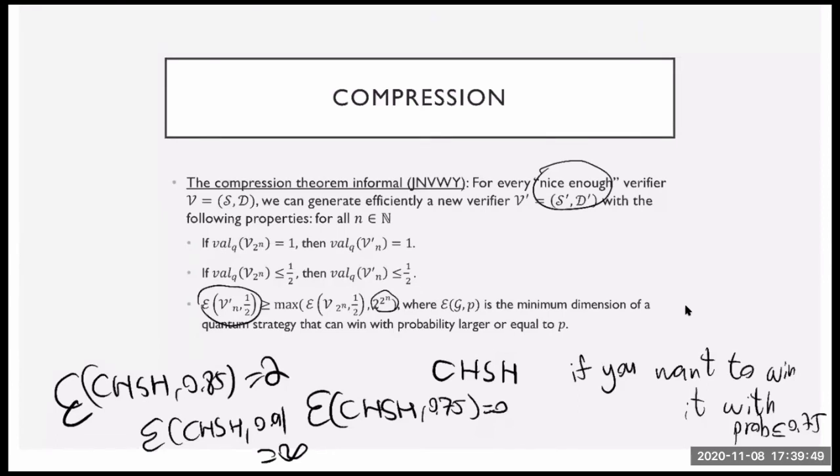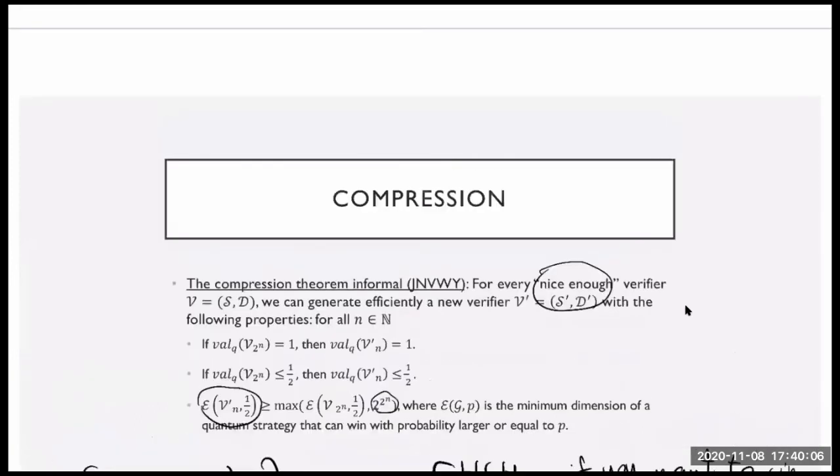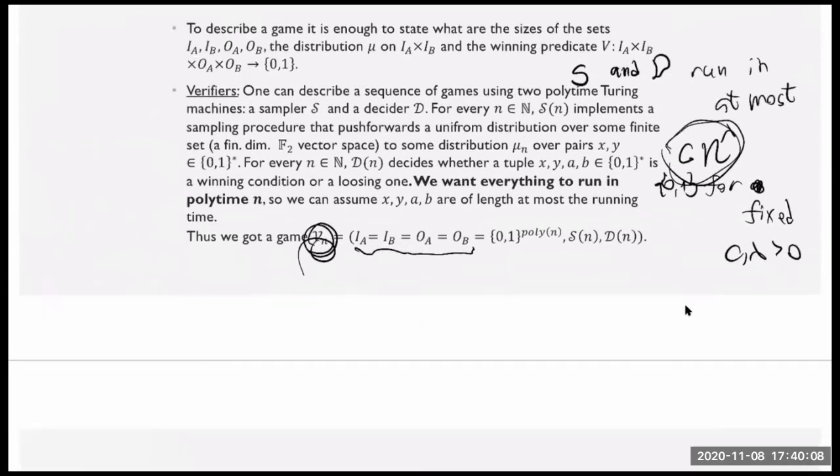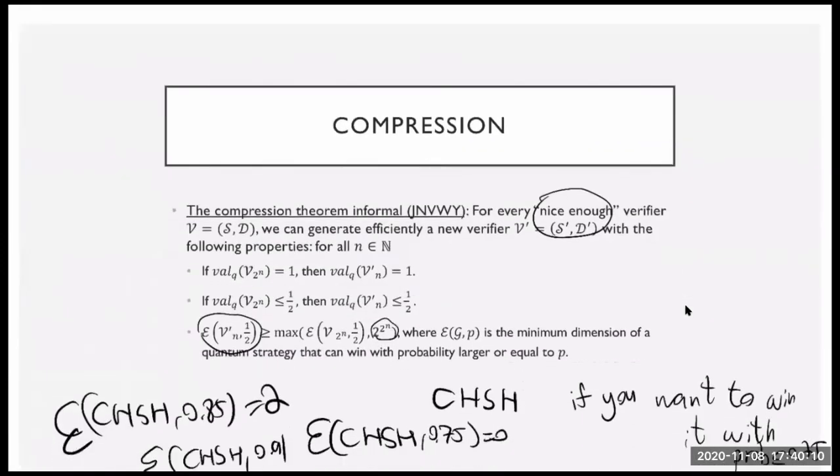Why random bits, Nati? I don't understand why the name. So what? Maybe Michael, explain what is n again. N is not the number of random bits. It's just the nth game generated by the verifier. We said that Sn and Dn define a game, right? Yes, but the sampler and the verifier run in polynomial time.